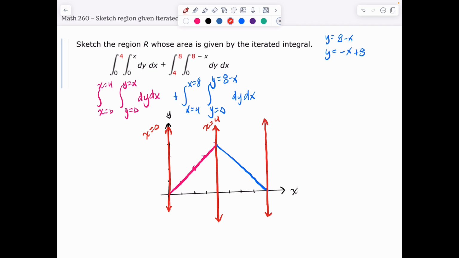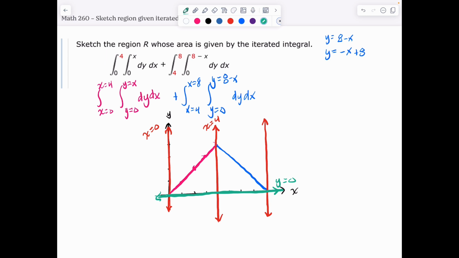And then on the y side, remember that we had y is 0 as a bound. So this here is the line y is 0. And then the top parts are going to be defined by the graph.